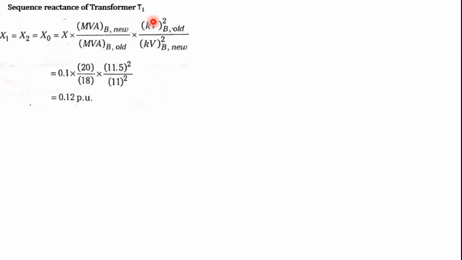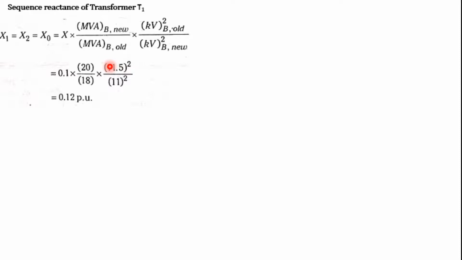Similarly for the transformer T1, X1 is equal to X2 is equal to X0, because only the X value is given. So that is equal to X in ohm, MVA base new by MVA base old, into kV base old squared divided by kV base new squared. X value is 0.1, the new MVA is 20, and the old value which is given is 18 MVA, and here we are considering the generator side.